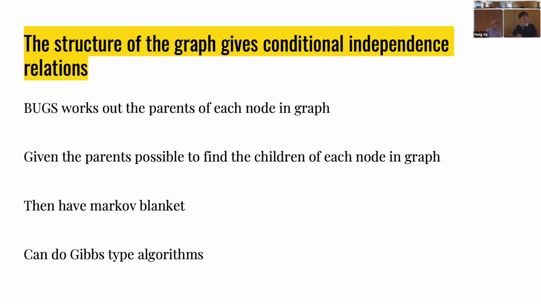So you do it once for the graph, and then you cache the information. Once you know for each node in the graph who your children and parents are, you can calculate the Markov blanket. So you can do Gibbs type algorithms.